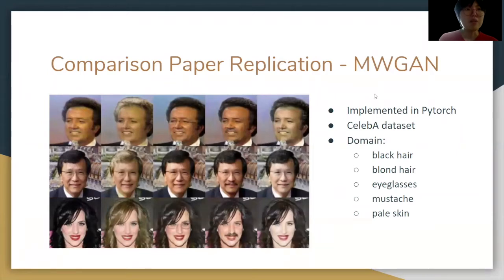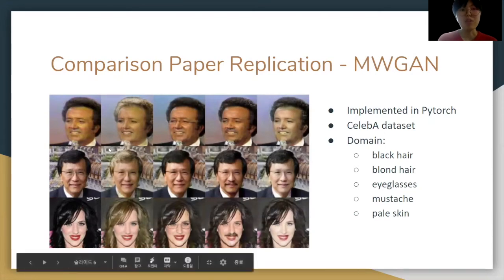There was a PyTorch implementation of MWGAN on GitHub, so I got test results out of it. The task was trained and tested on the CelebA dataset, and a total of 5 domains were used. The domains are black hair, blonde hair, eyeglasses, mustache, and pale skin. These images in the slide are the sample results.